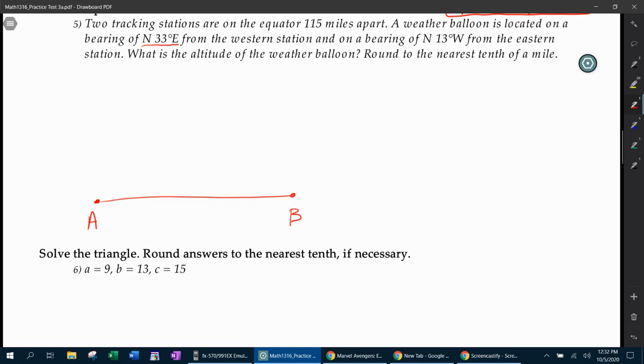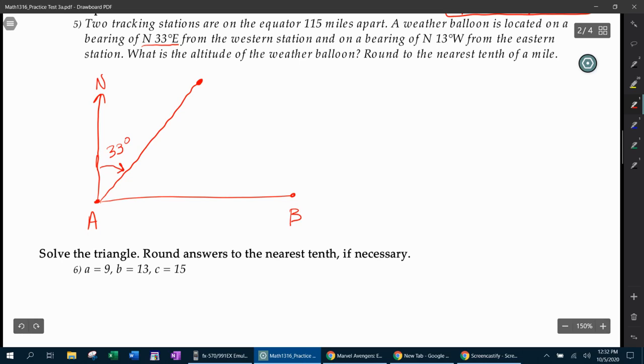Okay, so how do we draw that? Well, from the north, it's going to fall over 33 degrees towards the east. And so here would be the weather balloon. 33 degrees. That's how you read bearing. From the north, 33 degrees towards the east.